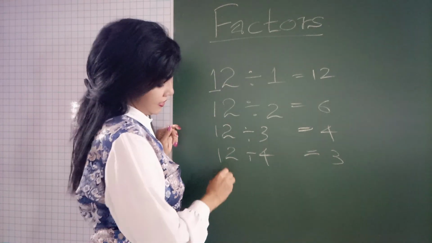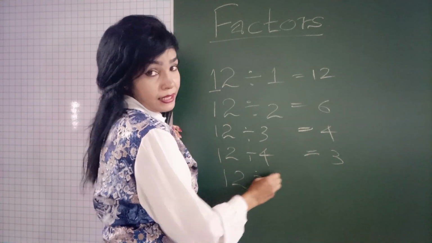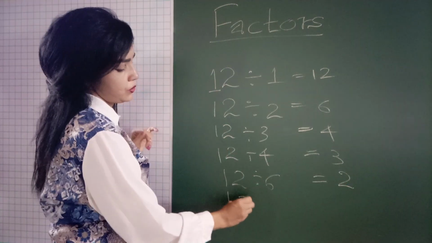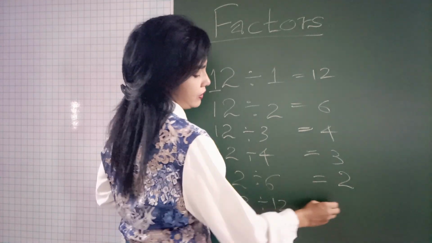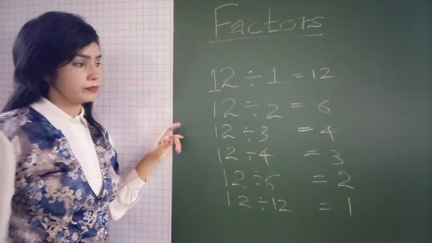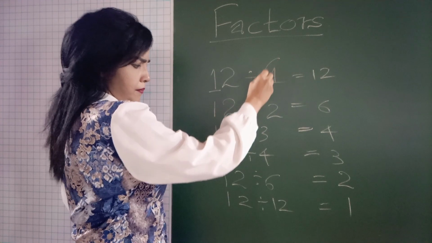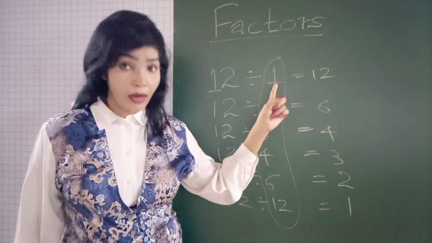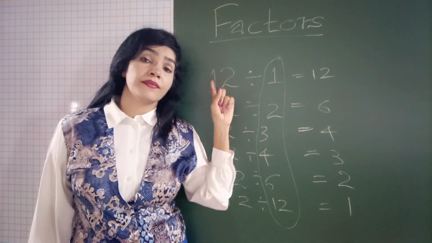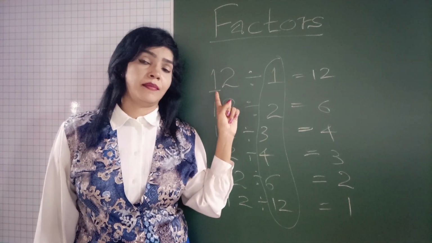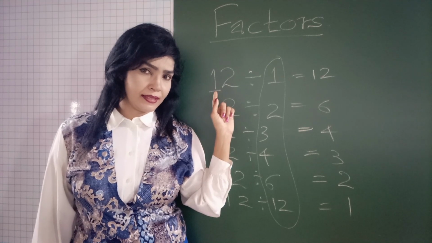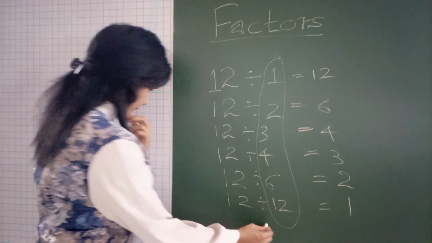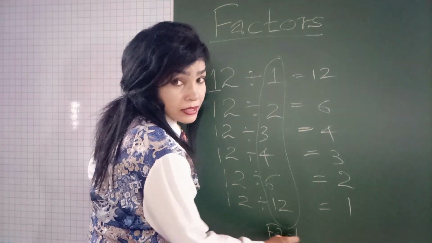Yes. 12 divided by 6 without any remainder. Yes. 12 divided by 12 without any remainder. Yes. So all these numbers that divide the given number, the original number, without any remainder are called the factors. So these are the factors.